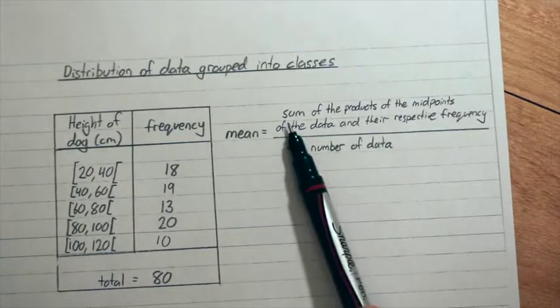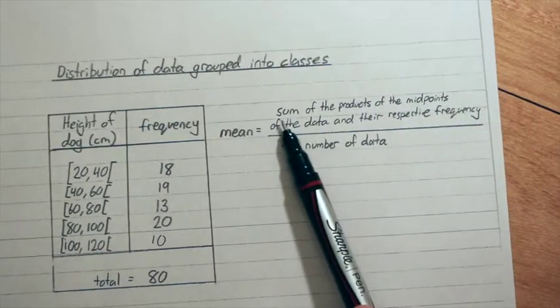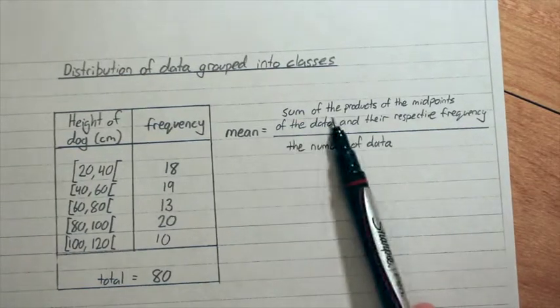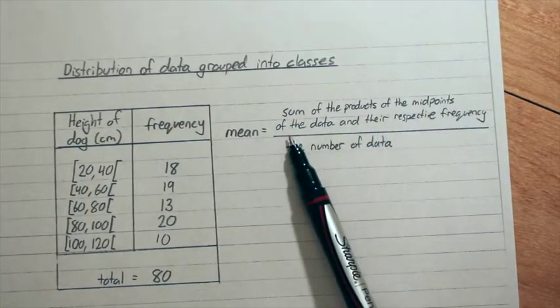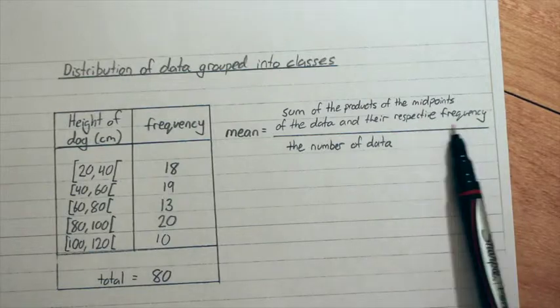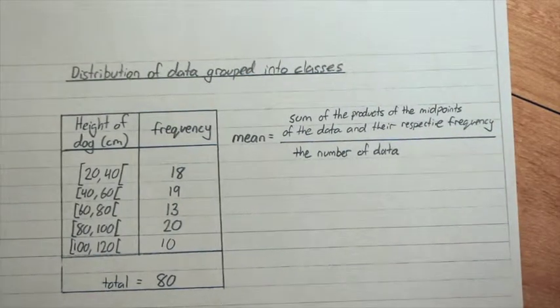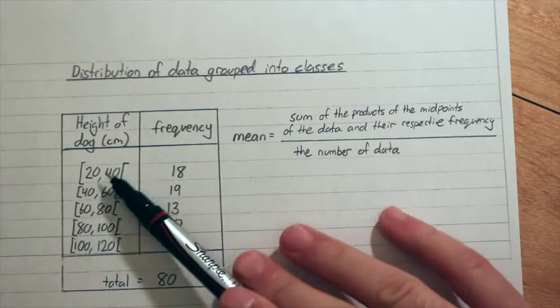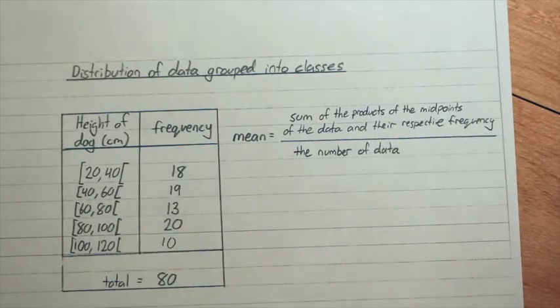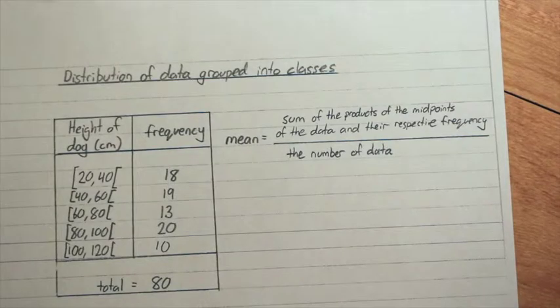So written here, we put the sum, meaning we're going to add them all up, the sum of the products of the midpoints of the data and their respective frequencies. So this is going to look almost exactly like the last example, but instead we're going to choose one value out of each of these intervals to represent that interval.